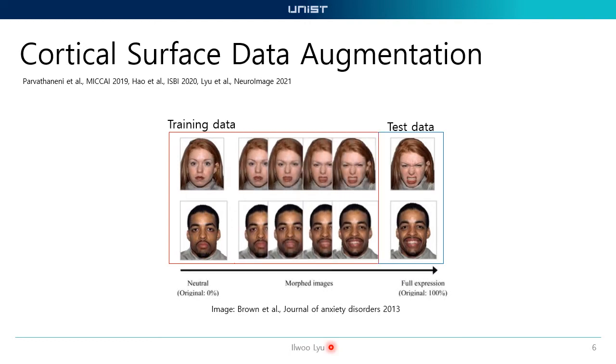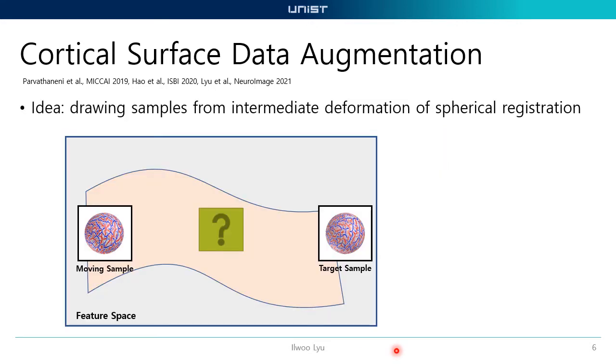But what if we have intermediate facial changes like this? Once we know this information, and we use this data as additional training samples, it'll be very helpful for machine learning techniques to understand those two people, because we know the intermediate facial changes here. So the idea of our approach is very similar to that.